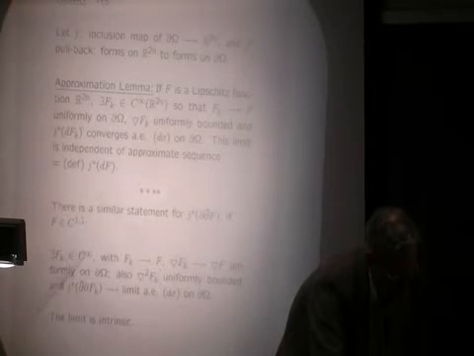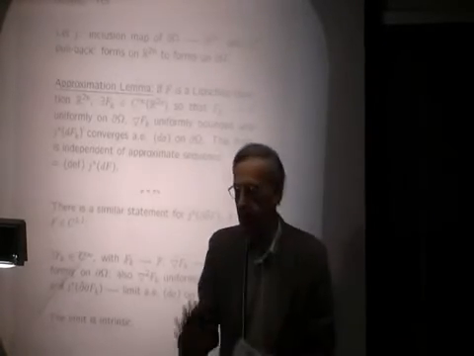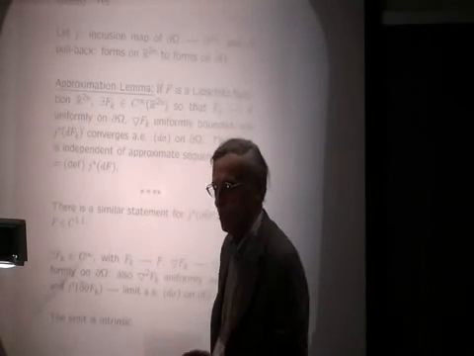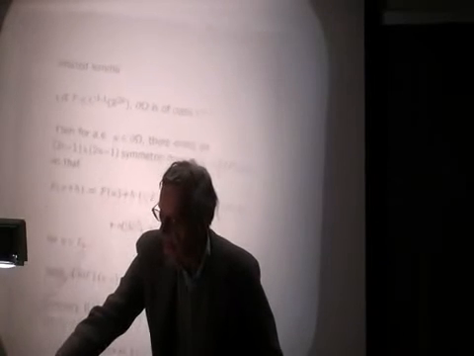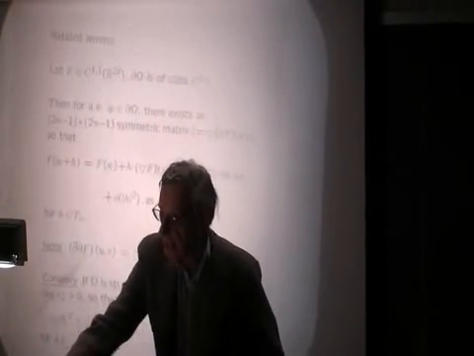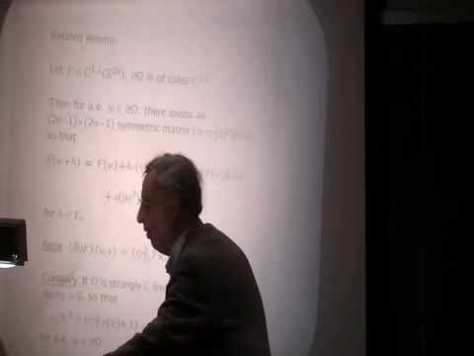a version of this which involves the Hessian of a function which is of class C^{1,1}, but restricted to the boundary. And I just want to state it very quickly.